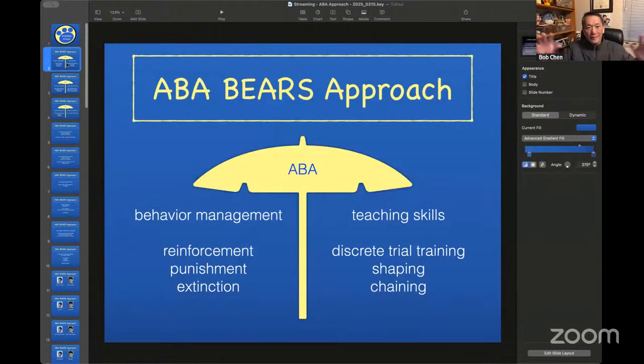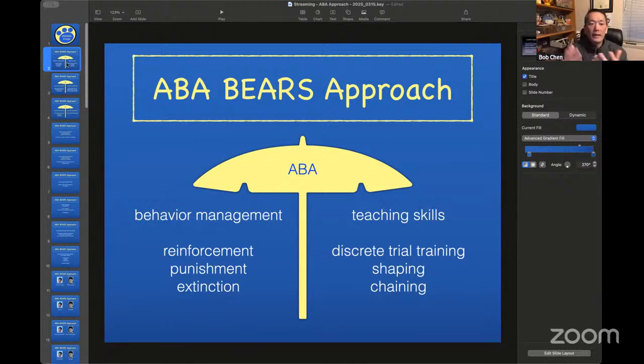ABA is a big umbrella that encompasses a whole lot of things, and we were able to break it down into what made sense for us, which is the behavior management piece and the teaching skills piece. They're always married together, like you can't take one without the other necessarily.